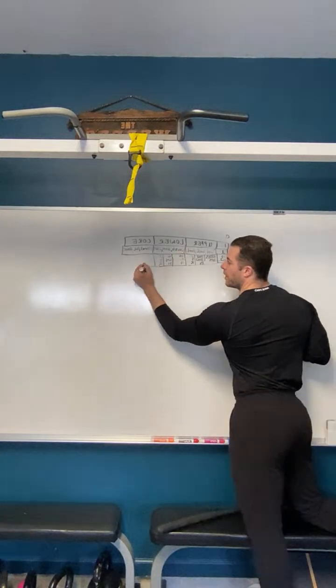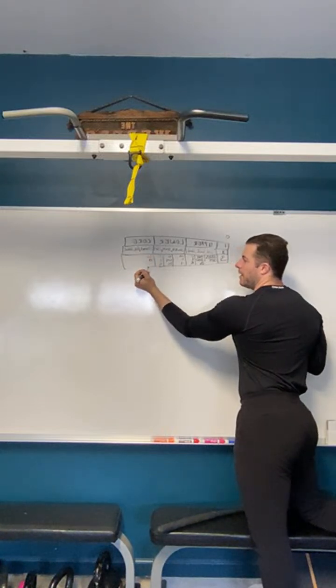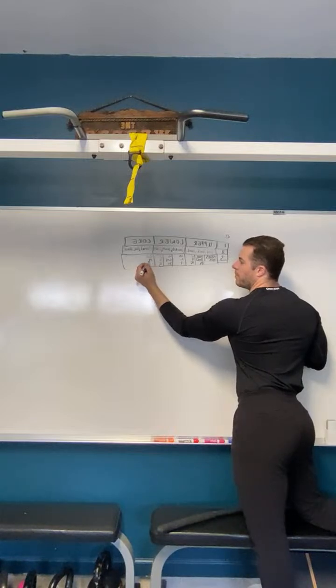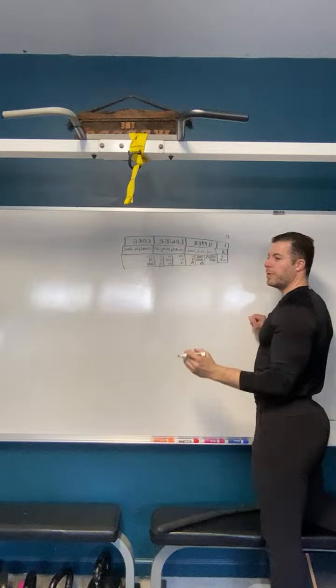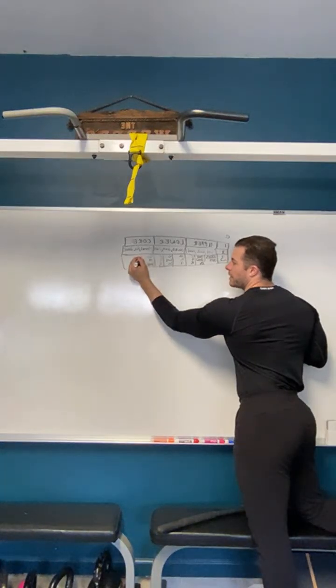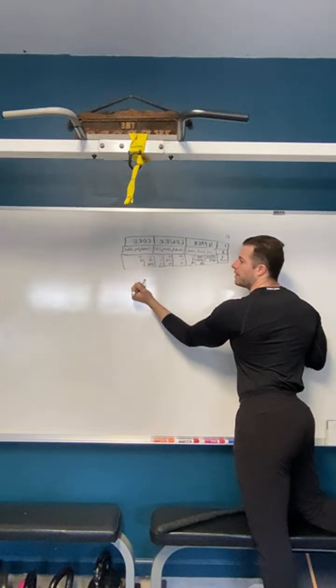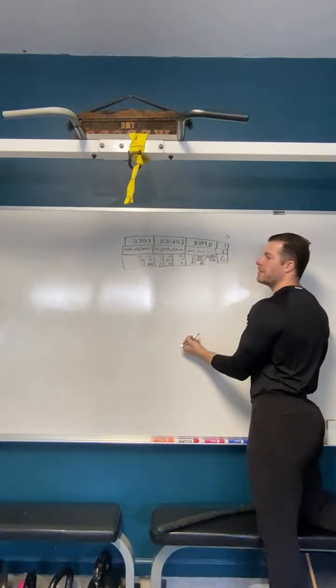For the front core, you're going to think things like planks and any type of rollouts, any type of movement in that sagittal plane. For the side planks, clamshells, and then also extended side planks.